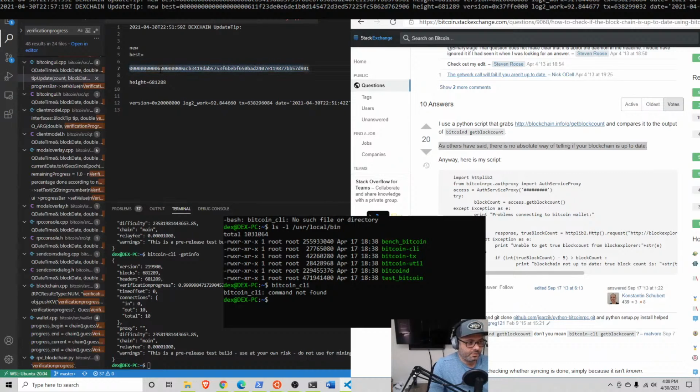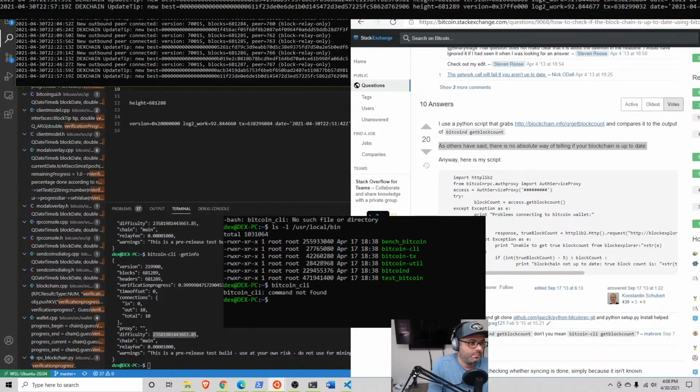I guess the first thing you want to do is see if this is even valid. What's the difficulty here? The difficulty is this number. Some peer, right? Where's that peer? Update tip. Where'd update tip come from?